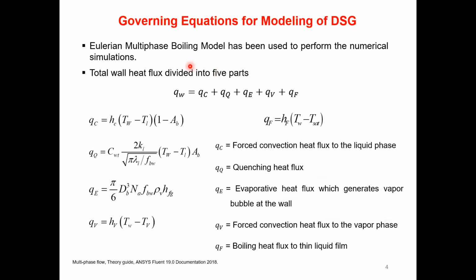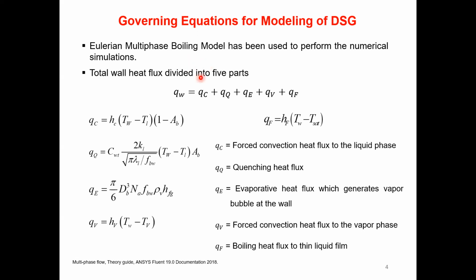In this study, the numerical modeling of the DSG process has been performed for solar heat flux profile corresponding to solar noon and 2 hours before solar noon. The two fluid model based on Eulerian multi-phase modeling approach has been used to perform the numerical simulation of the DSG process.